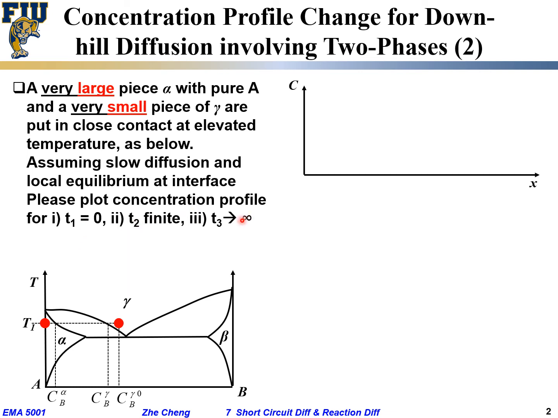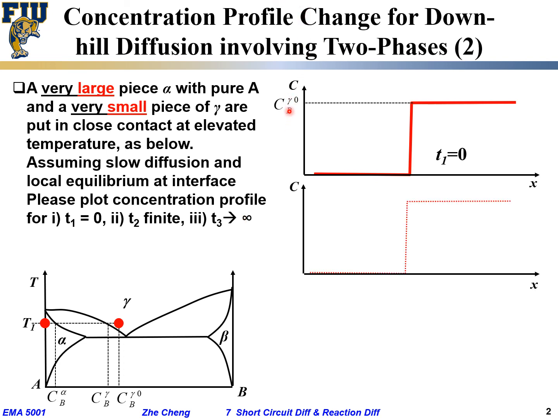Okay. And then the first one, concentration with respect to location at T0. Simple, right? Step function starting from 0, step up, end up constant. And the concentration is CB gamma 0. And then, how would you draw the concentration profile at a finite time t?